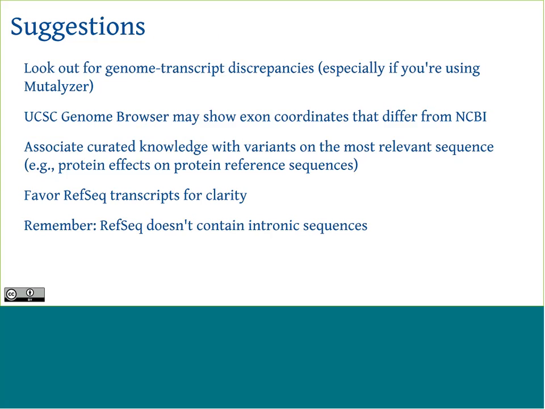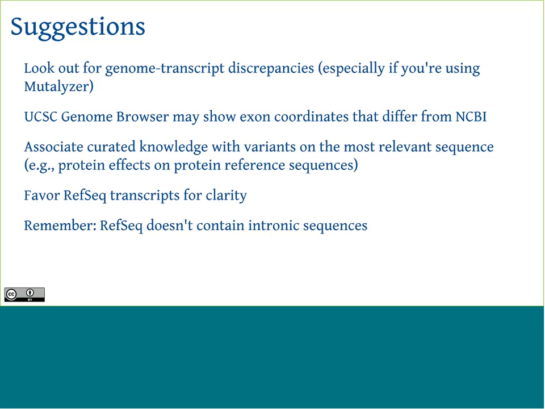The problem is that it sets up the likelihood, not just possibility, but actually likelihood in those transcripts that a coding variant is interpreted as non-coding or vice versa when projected from the genome to the transcript. And that's obviously a problem if you're trying to infer effect from, say, an exome panel or a whole genome sequence for that matter.